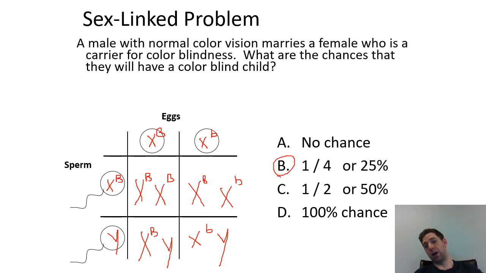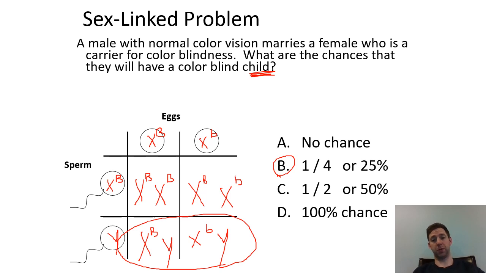Now realize you gotta be really careful with the wording on the question here. Here's where I'll try to trick you on an exam or a quiz. If I said, what are the chances they'll have a colorblind boy? The answer would be 50%. If this couple had a boy, what are the chances that he's colorblind?